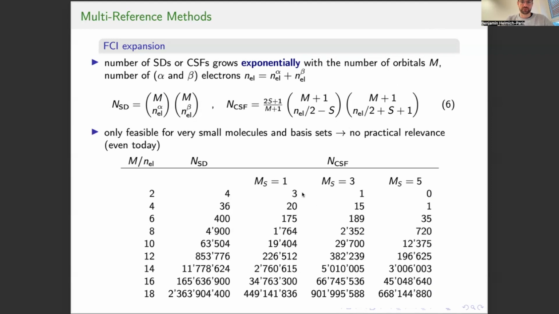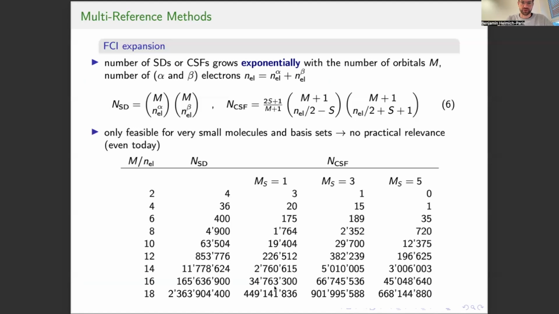If you then create configuration state functions from those 4 Slater determinants, you have 3 singlet functions and 1 triplet function. However, 2 electrons and 2 orbitals is not really practically relevant. Most molecules have many more orbitals and many more electrons. If you go to 18 electrons in 18 orbitals, you already have over 2 billion determinants.